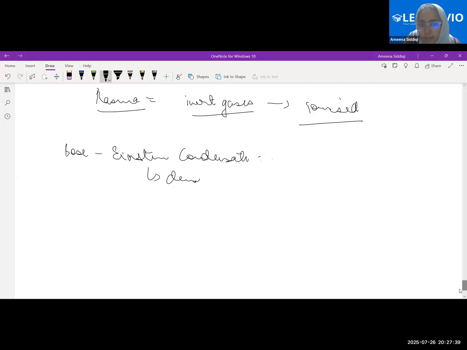The density is actually decreased to 1/10,000th of the air density. Therefore, the temperature decreases. Is it clear?